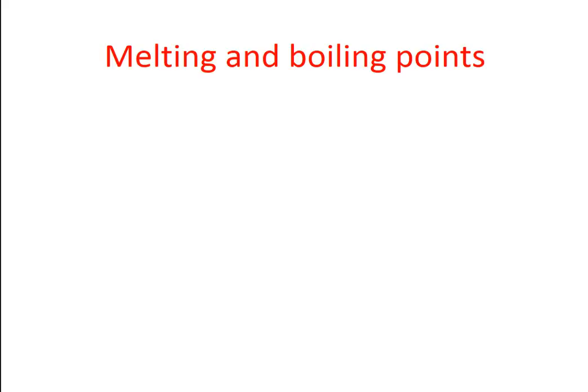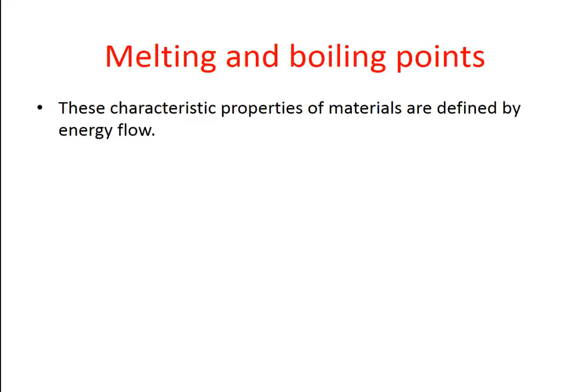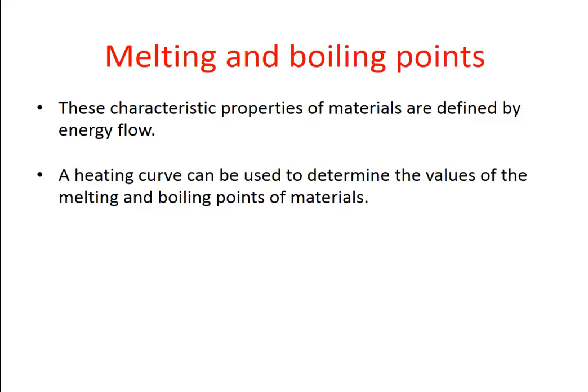Now let's look at the melting points and boiling points. These are characteristic properties of materials that are defined by the energy flow. Normally we use a heating curve to understand what happens to the energy as we heat an object from solid to gas.